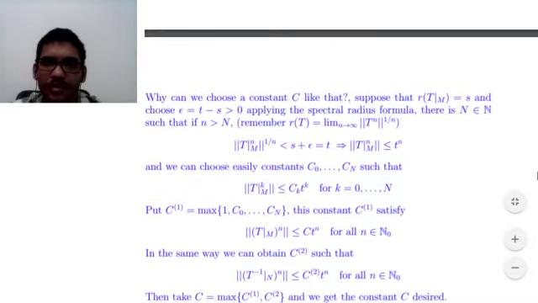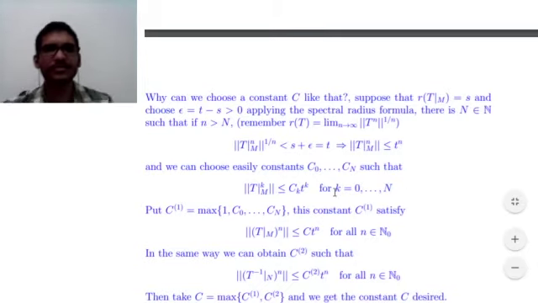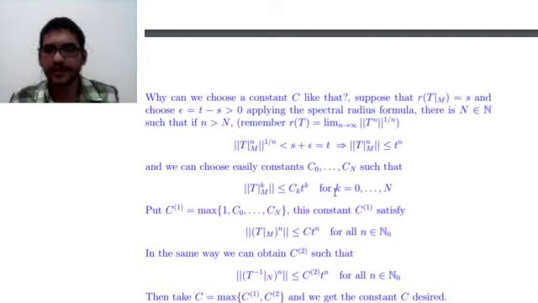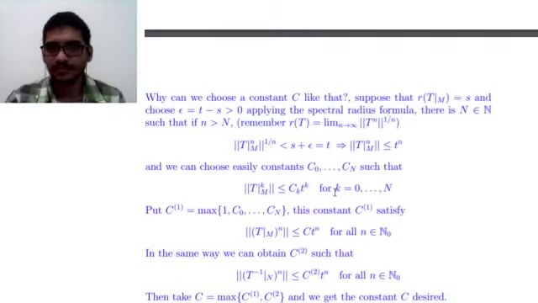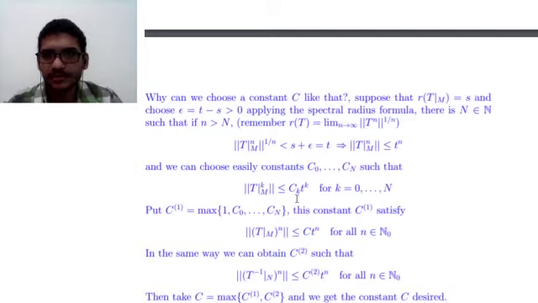But we can choose easily constants c0 to cN such that this happens for k from 0 to N. So you can control a finite number of elements, and you can control the tail, so you are done.